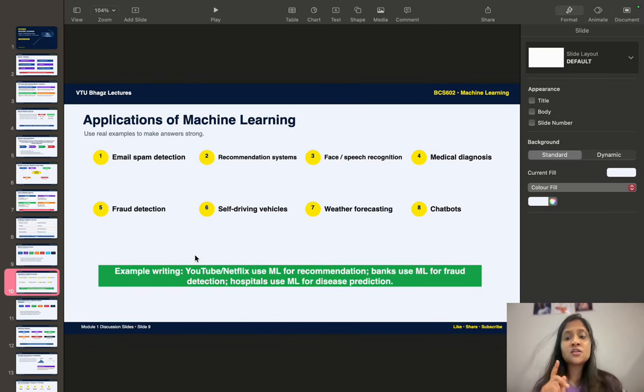In education, it is used for personalized learning, right? And in the exam, you have to write at least six applications with examples. Explain it with examples. Clear? Even this one is a very repeated question.